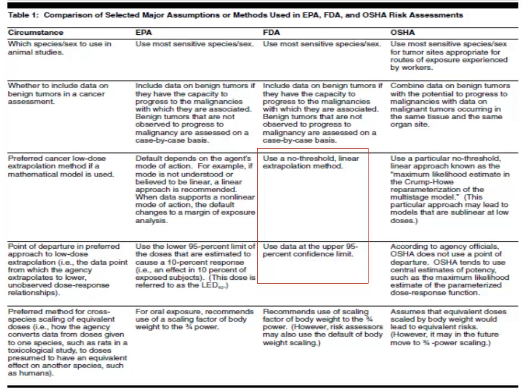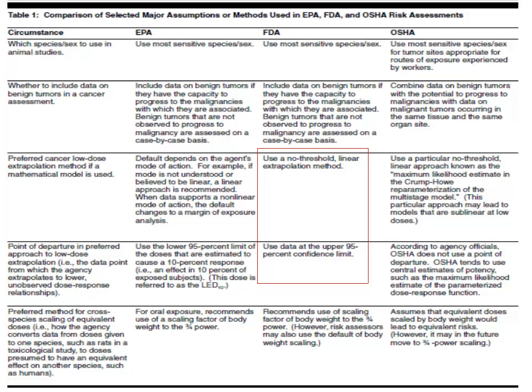Here's a table taken from a report that indicates how EPA, the Food and Drug Administration, and OSHA handled certain aspects of the dose response curve. Notice the row 3 says preferred cancer low dose extrapolation method if a mathematical model is used.